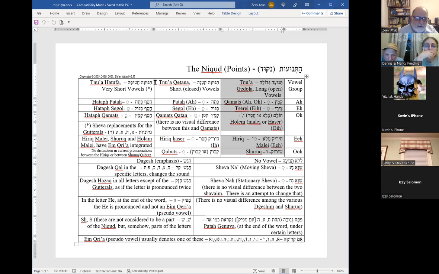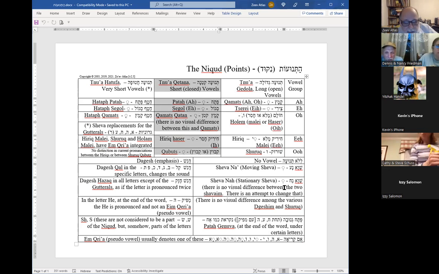The tnuot ktanot, the small or short vowels, are again the patach, the a, the segol, which is e, the chamatz katan, which everybody agrees is o, except for the current Misrad HaChinuch in Israel that makes it a as well, to my chagrin. The chirik chaser, which is i, and the kubutz, which is u.